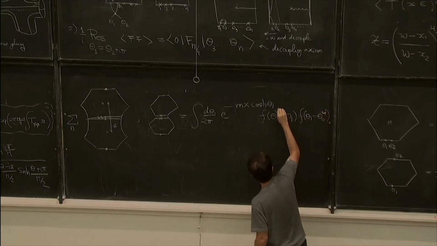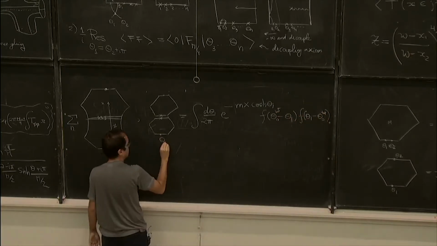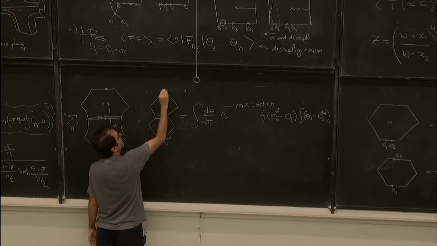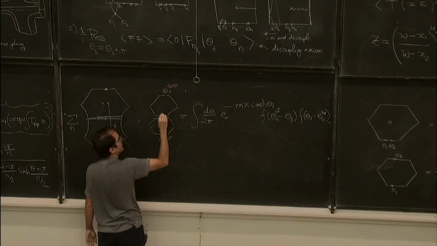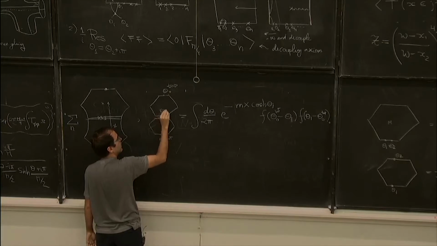Where this is theta 0 bottom, and this is theta 0 top, and this is the rapidity we integrate over, theta 1.